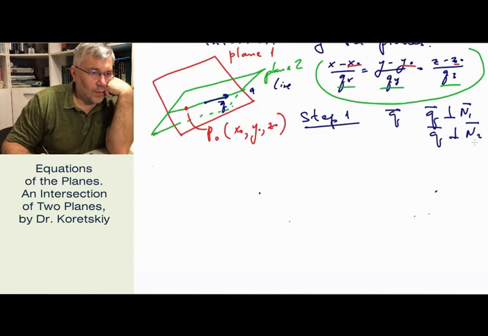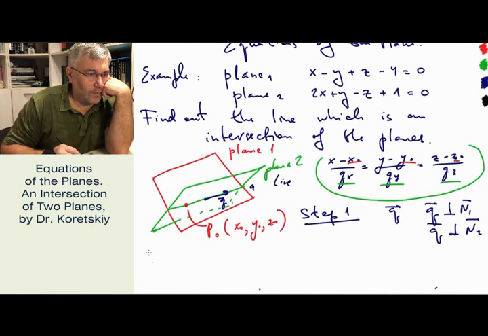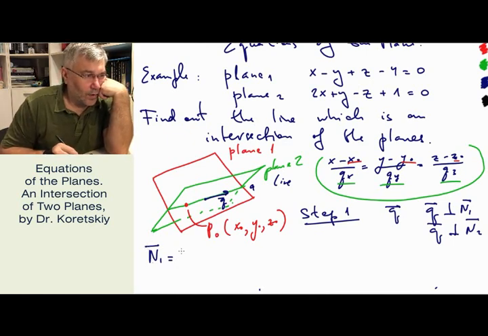So, let's calculate this q vector first. First, we have to define vector n1. This vector is perpendicular to plane 1, and its components are the factors beside x, y, z in the first plane: 1, minus 1, 1.